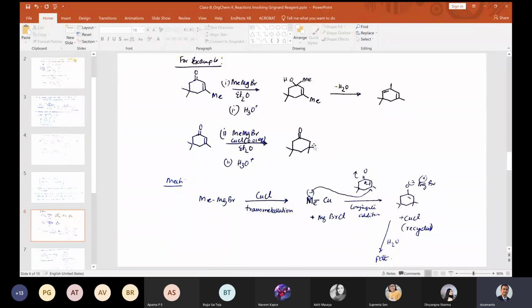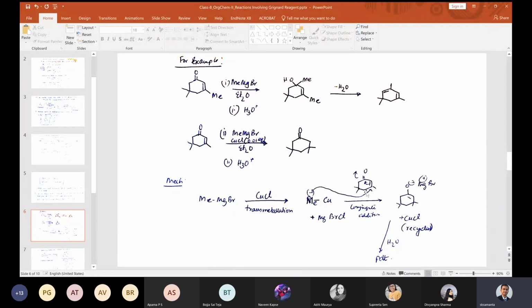What happens in the presence of CuCl? In the presence of CuCl, this methyl magnesium bromide forms methyl copper. In this case, the characteristic of this complex is radical-like. Here the methyl is not negative, but has a radical character, and radicals are mostly soft in nature.